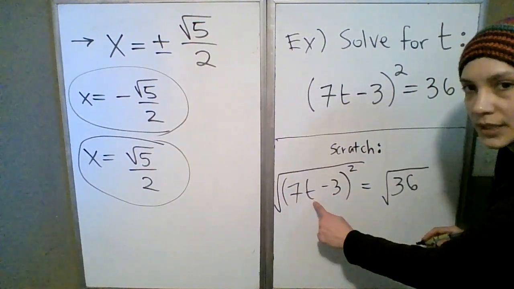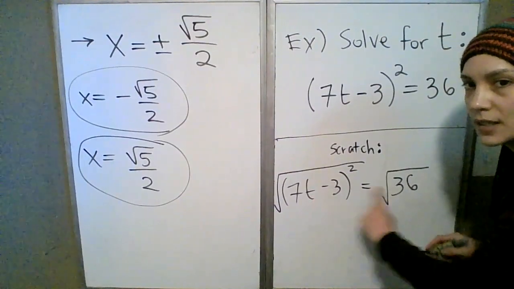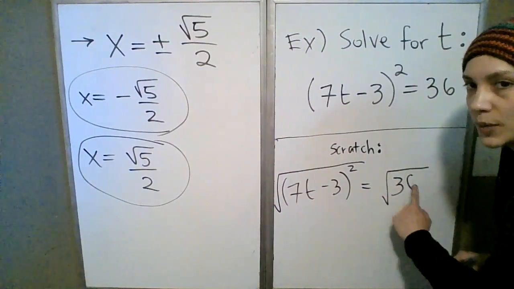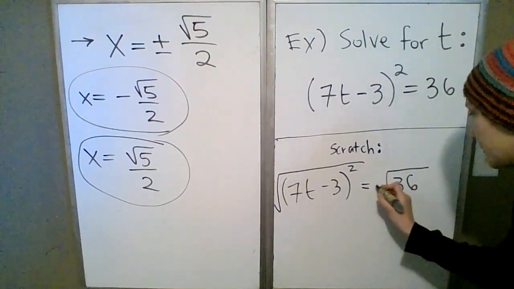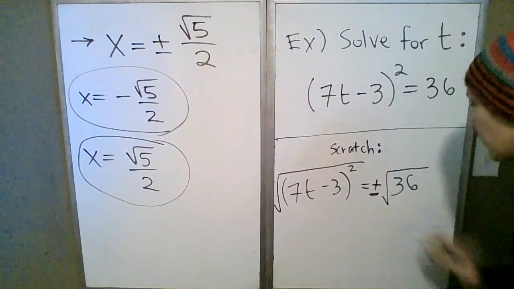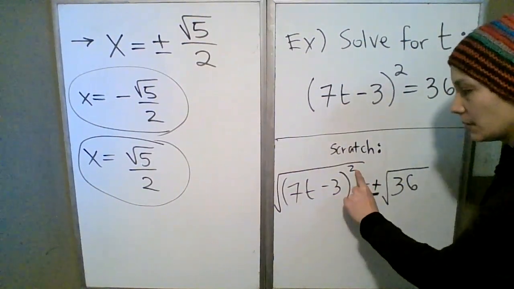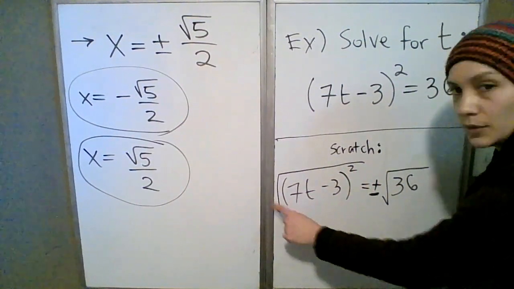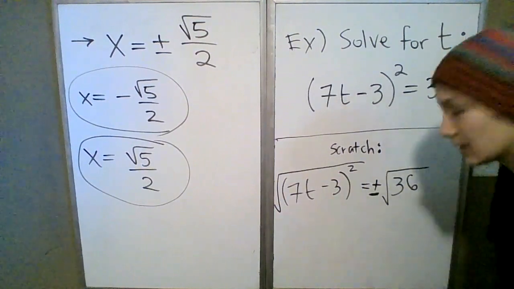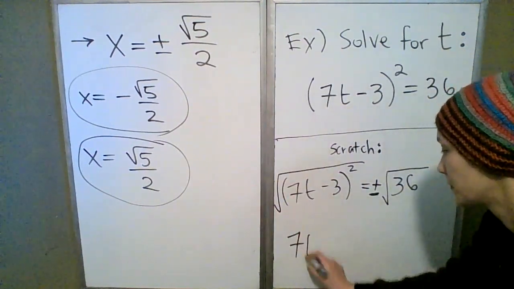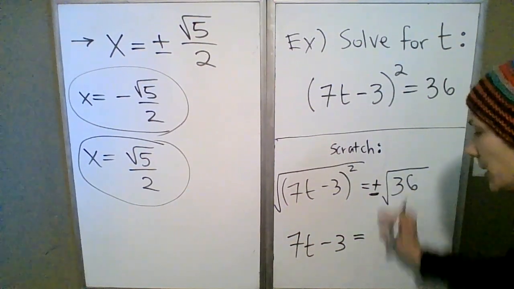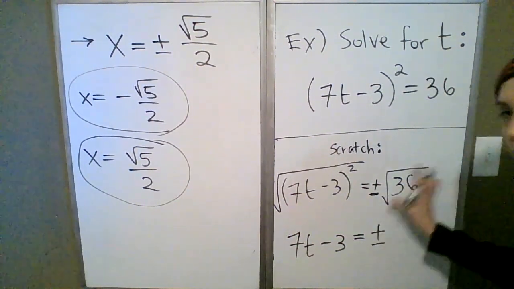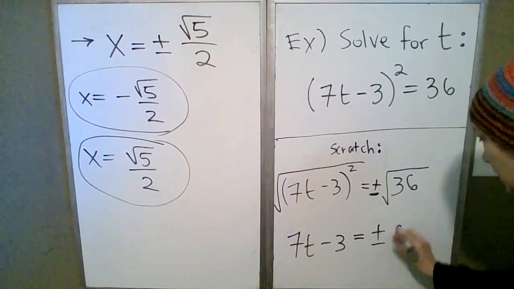When there's a variable in the equation, like this variable t, on the number value, I would put a plus or minus in front of the root. Okay, so this power 2 and the root 2 leaves 7t minus 3. And equal sign, the plus or minus, and then the root of 36 is 6.